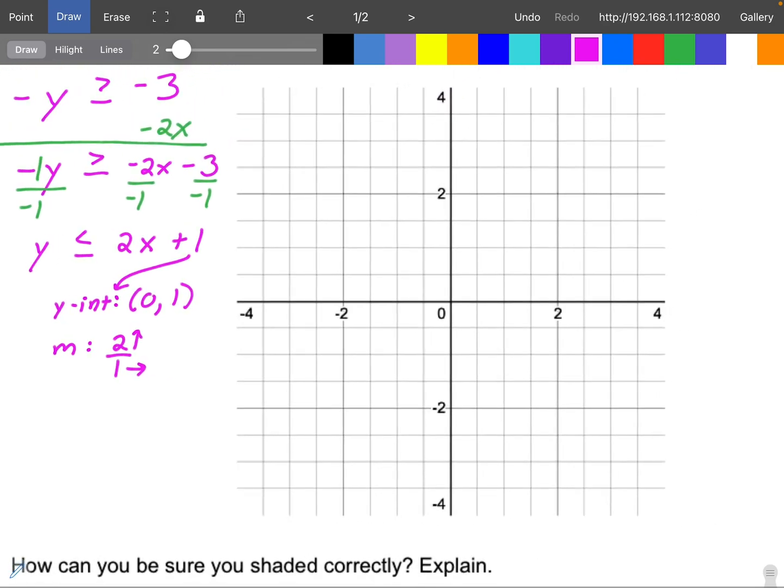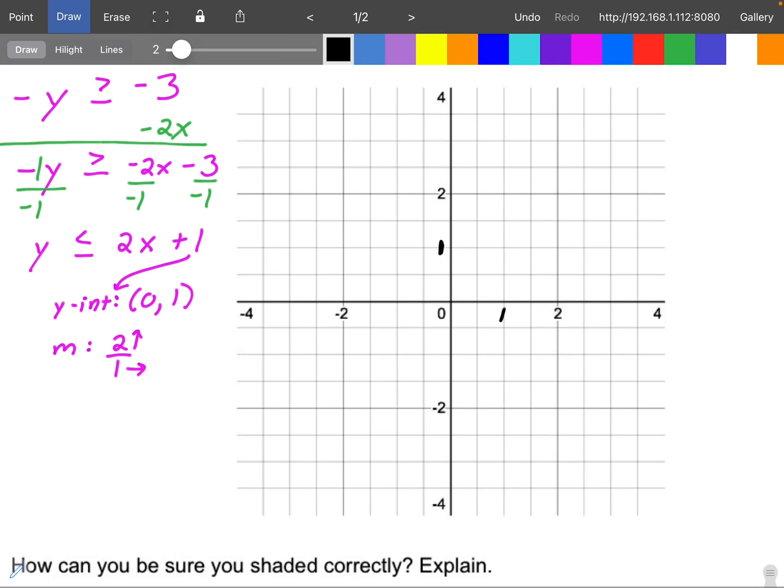So we plot our y-intercept first, and this one, the graph is also counting weird, so pay attention. This is 2 way up here, which means that this has to be 1. So each one of these lines is only counting by a half. Same thing on the x-axis. Since this is 2, that means this would be 1.